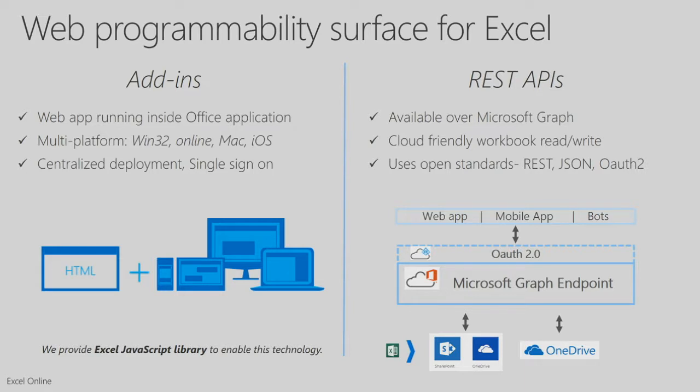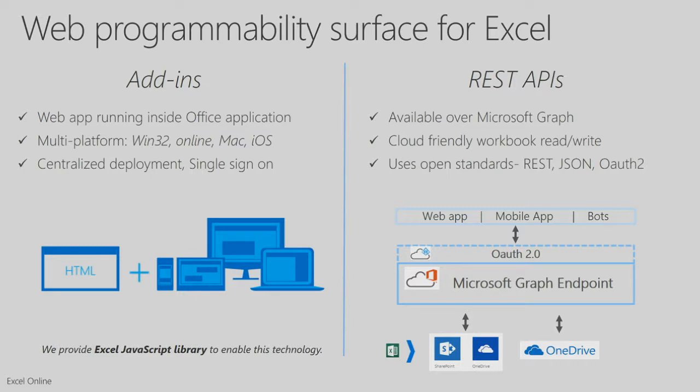REST APIs is another way to communicate with Excel and do programmatic solutions. This way is more suited for scripts you do, for web applications, mobile applications that you do. These apps can communicate with a service we have. It's called Microsoft Graph.